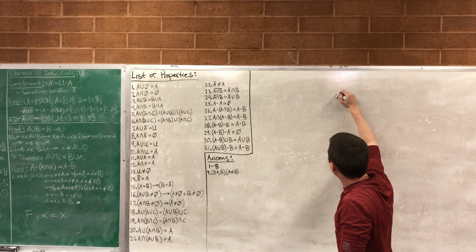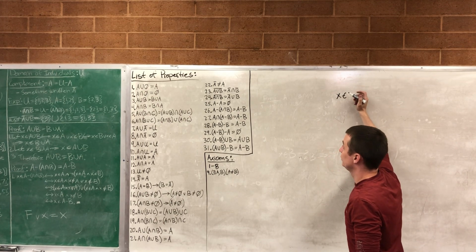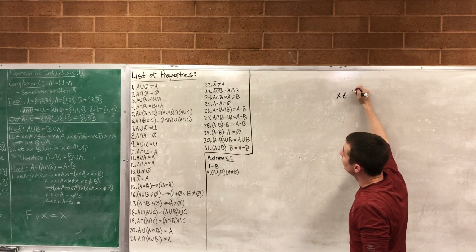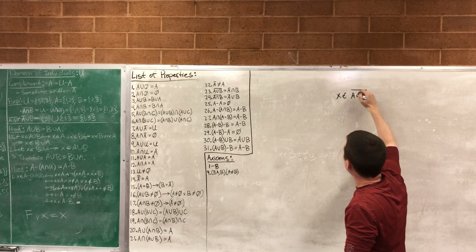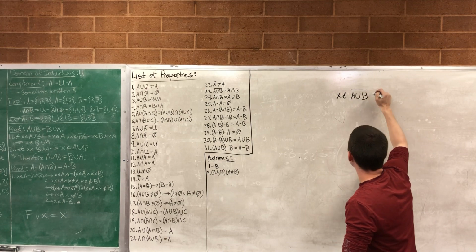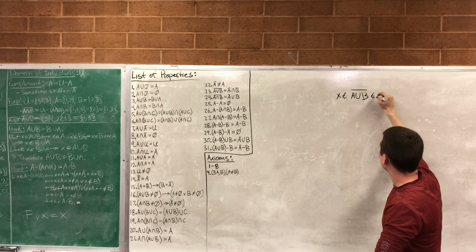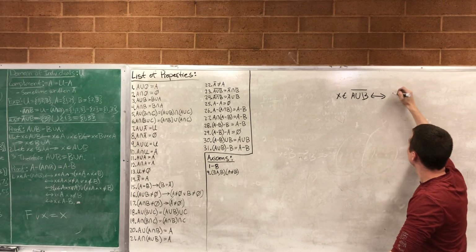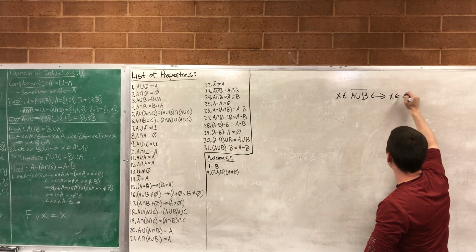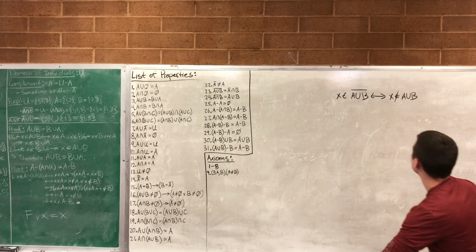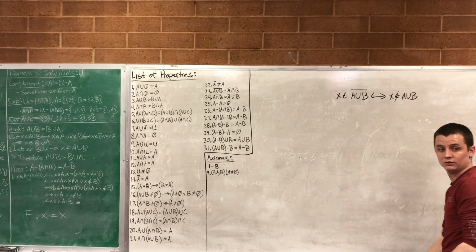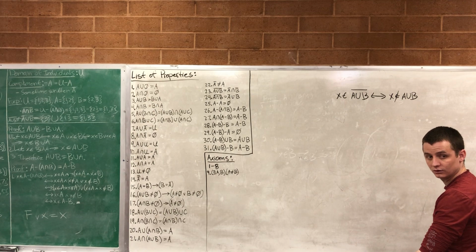So we're doing 23. If X is in the complement of A union B, that's logically equivalent to X is not in A union B, right?